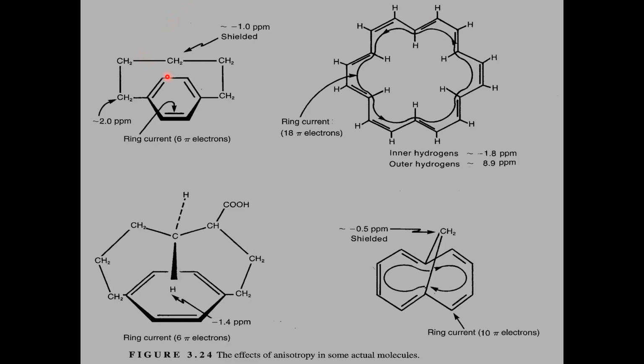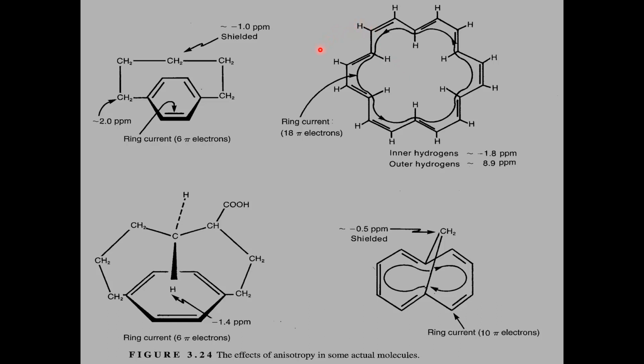The effect of anisotropy is very obvious in the example of C18 annulene. This C18 annulene is an aromatic compound with two sets of protons: protons located inside the cyclic structure and those located outside the structure.